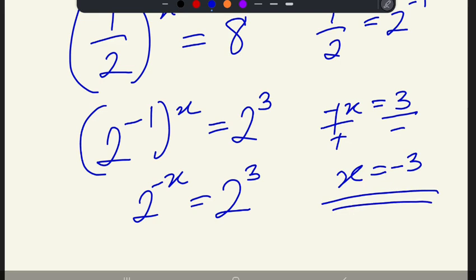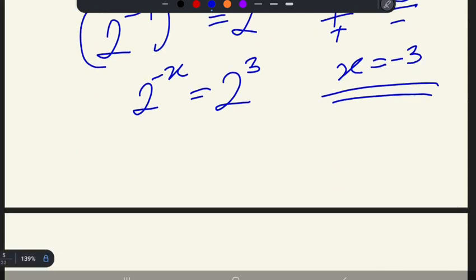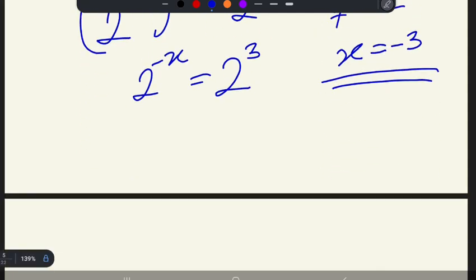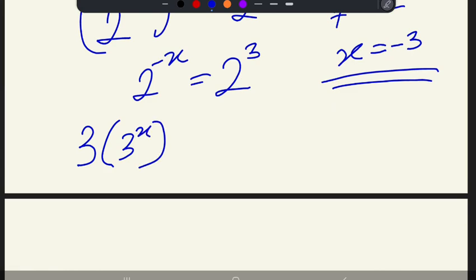So we still have many questions. Now, for example, somebody gives you a question like this, and the question is in this form, equal to 27.